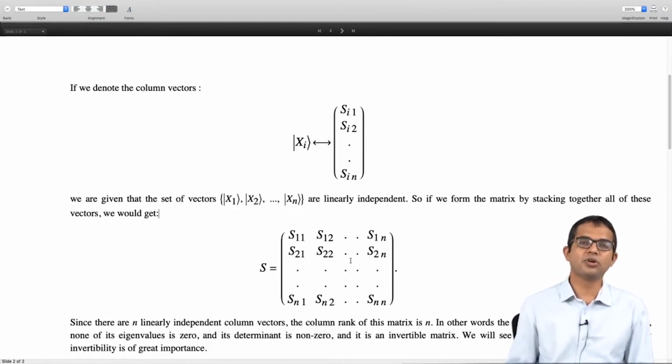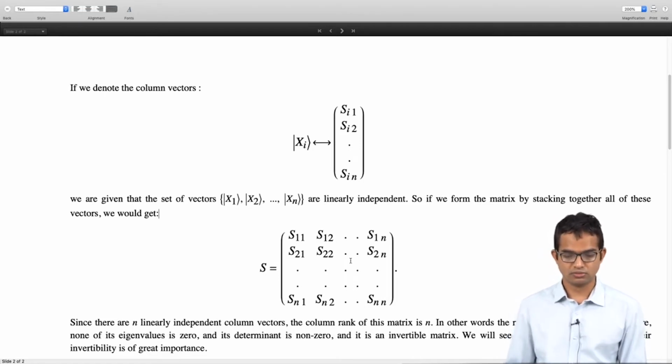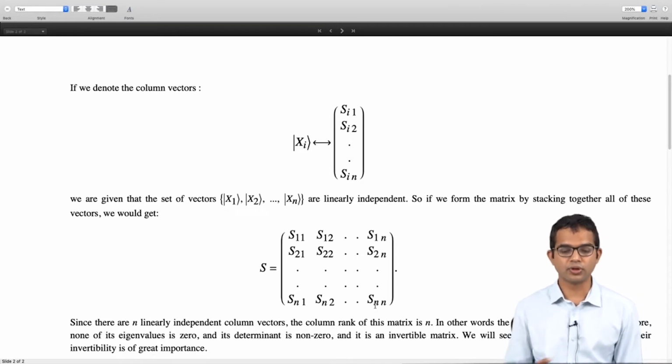Another way to think about it is that if an eigenvalue is 0, then at least one of these rows is sort of redundant. That's what is meant by one or more eigenvalues being 0. And for sure, if none of the eigenvalues is 0, the determinant is non-zero.